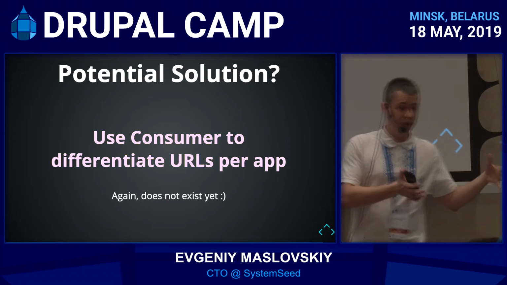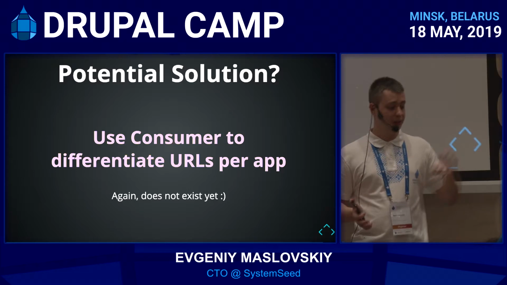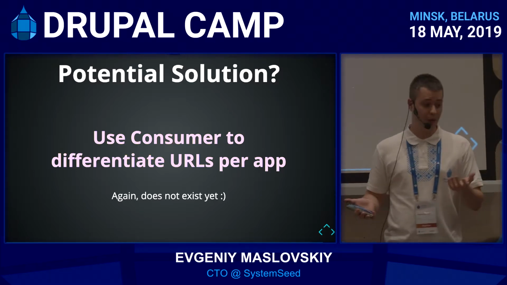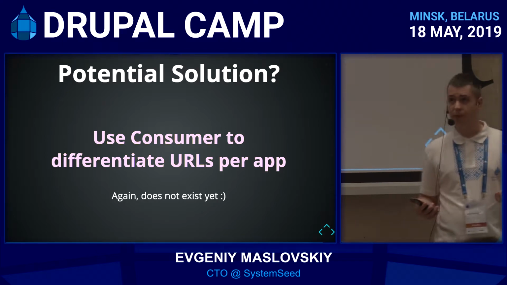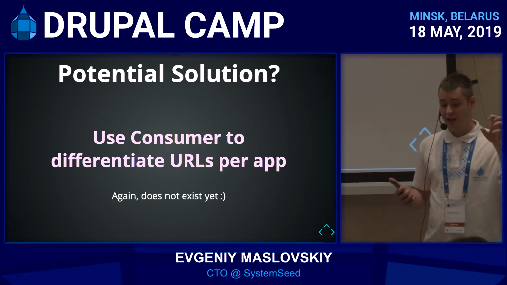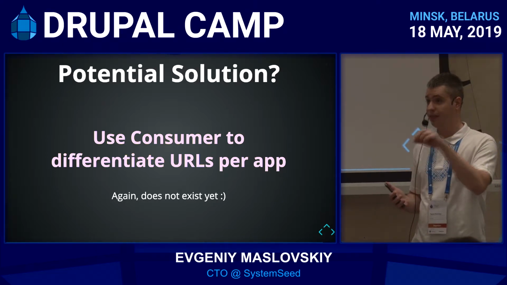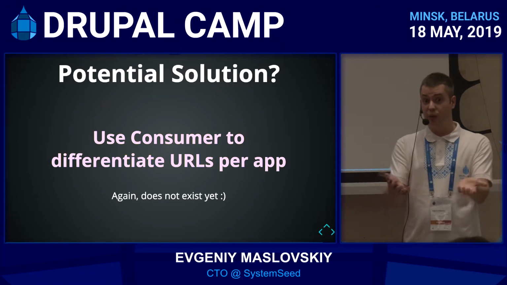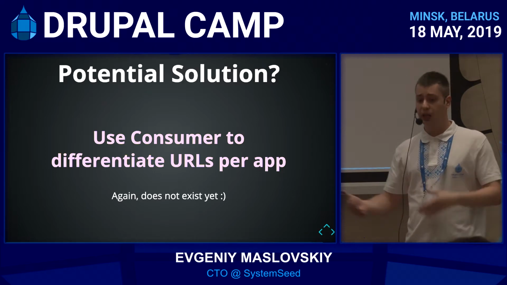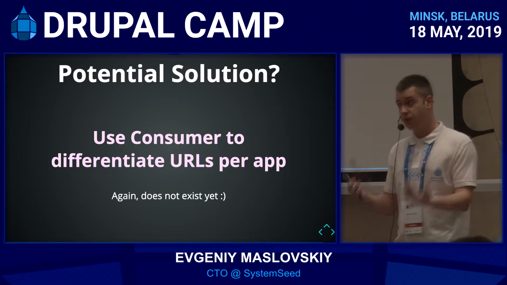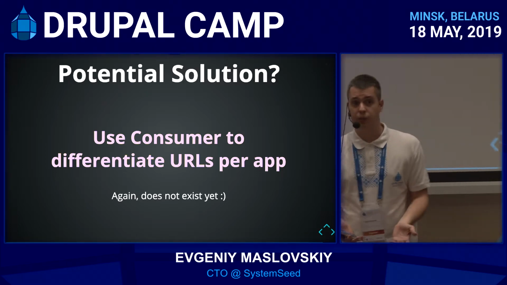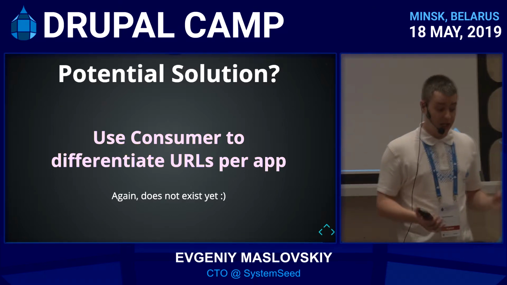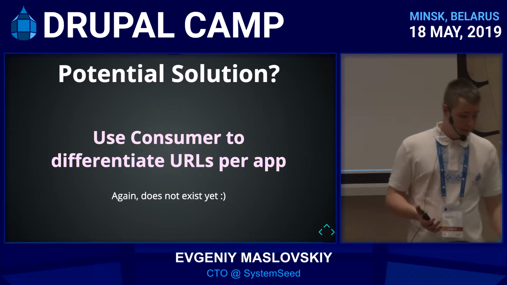We want to extend this idea, integrate it with the idea of the consumer field, so when a node is tagged with consumer A, the path is saved, the URL is also tagged with consumer A. So when consumer A requests what's on this URL, it will return the node. When consumer B does the same, it will say, well, I don't have this node, there's nothing on this URL. That's how we plan to solve this problem.